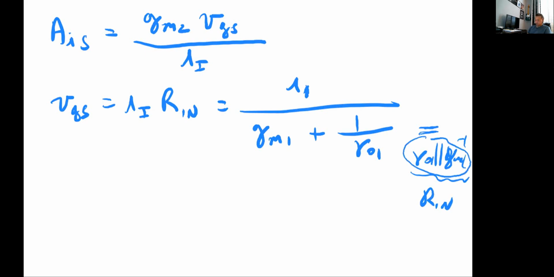But don't get confused by it. You have to be looking at the expressions that I wrote before. So I have that expression, and I can put that into this equation for the gain.